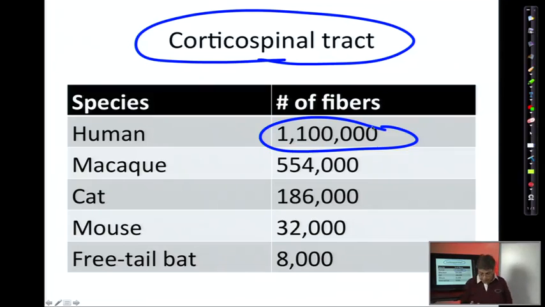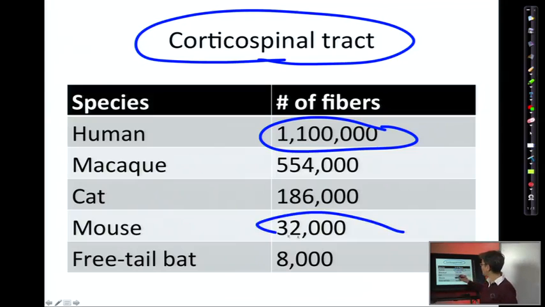These are direct connections between neurons in the motor cortex and motor neurons that go out to muscles. Over 1 million fibers is what enables us to do very fine individual movements. We can move each one of our fingers.